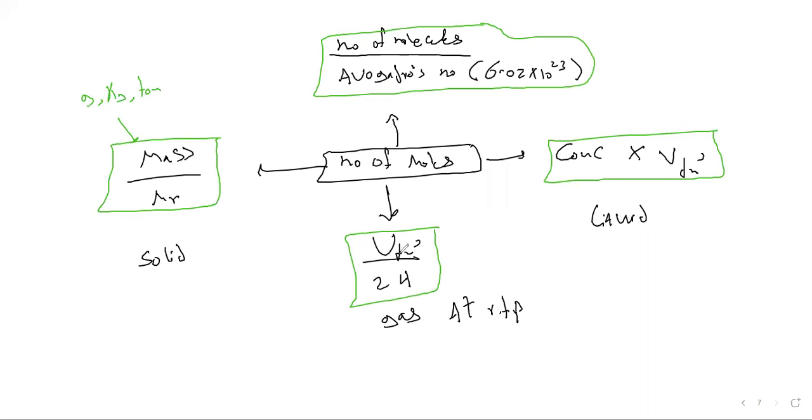If you have centimeter cubed or decimeter cubed, it means that you have volume. If you have mole per decimeter cubed, it means concentration. If you have molecules, atoms, ions or particles, you use the Avogadro law.